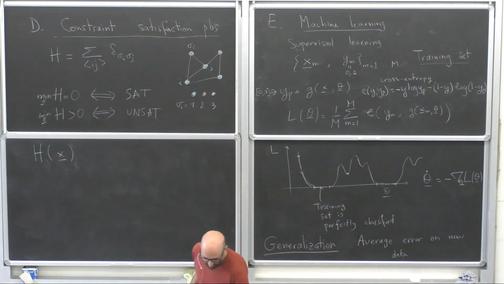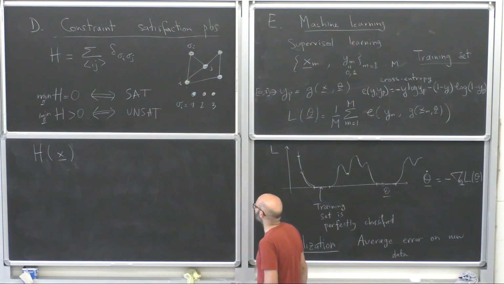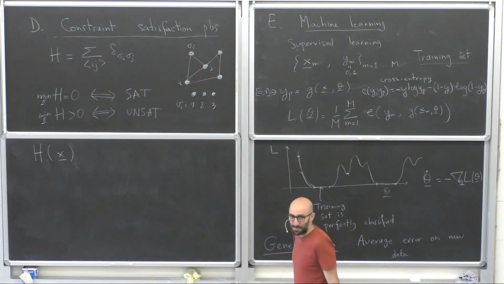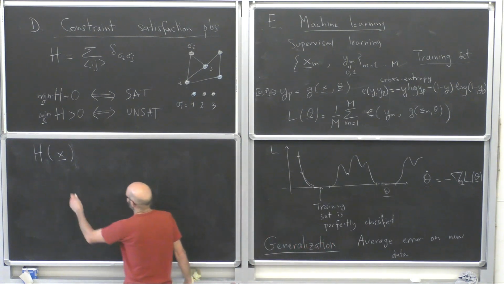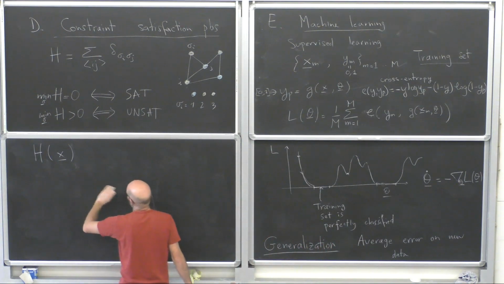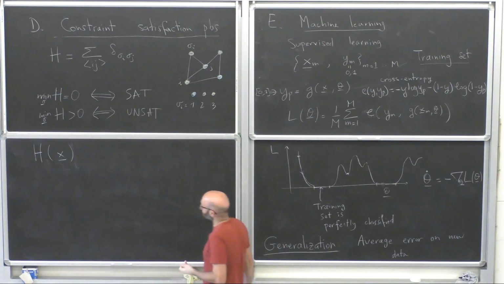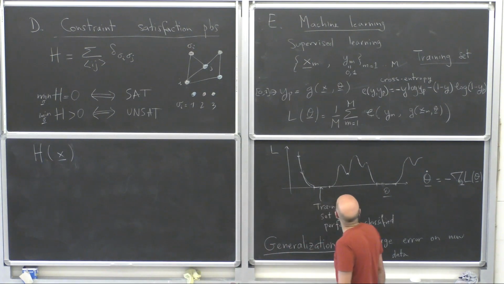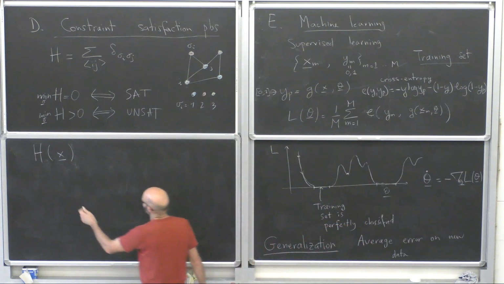Okay, so now we have this function, and we want to minimize it. What do we do? We would like to have some general algorithm to solve these problems.